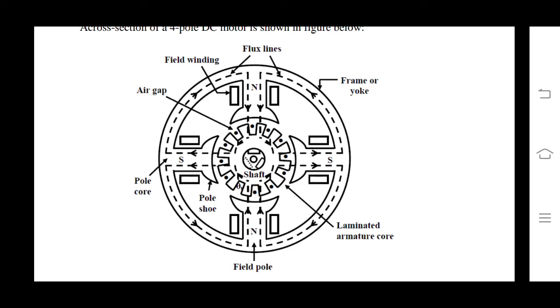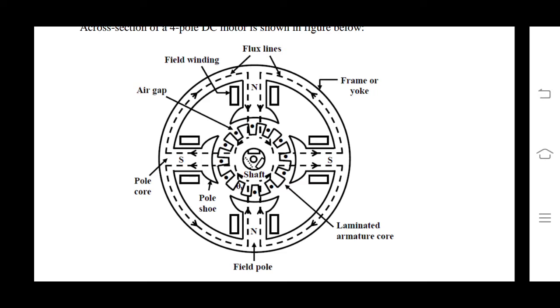Here the flux produced by the pole is phi. Then the flux carried by the yoke is phi by 2. Phi by 2 means the yoke carries half of the flux.